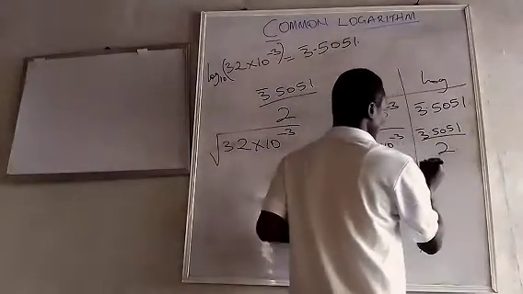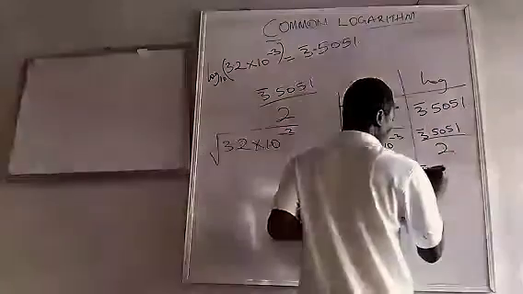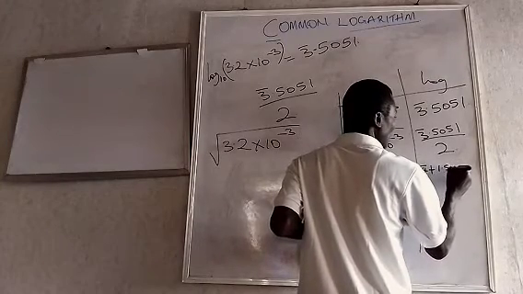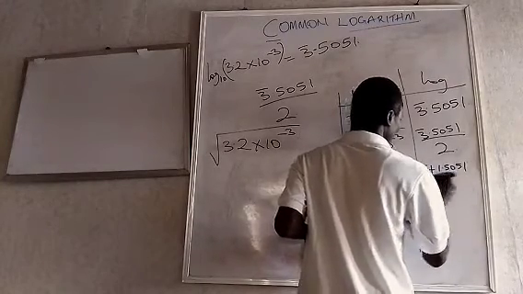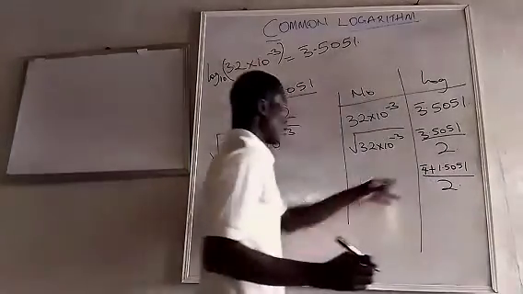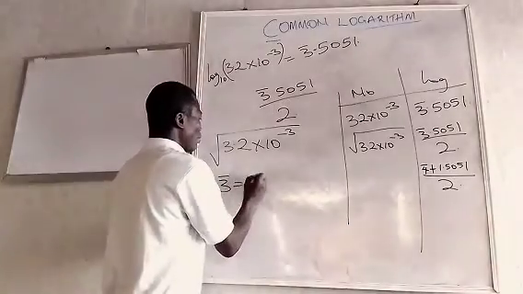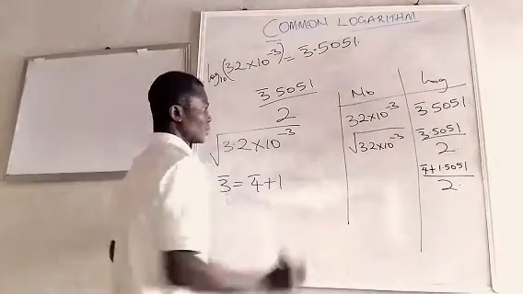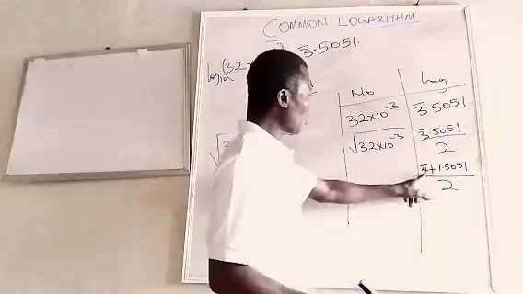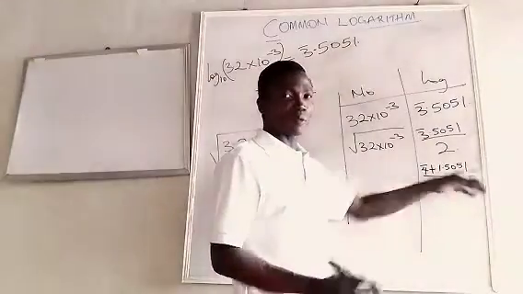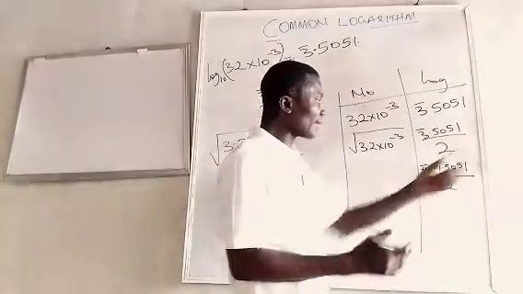I will now make it like this: bar 4 plus 1.5051 divided by 2. Remember what I said the other time, that bar 3 will be equal to bar 4 plus 1. So you can see, it's going to be bar 4 plus 1 plus 0.5051. This one and this 0.5051, they are in the same state, so you can add them.